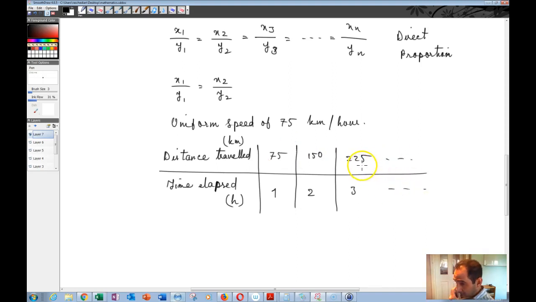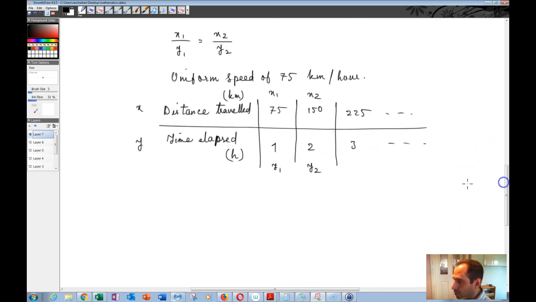Okay, so now in this situation, if I take the distance traveled as x and take the time as y, then this relationship exists between these pairs of data, meaning that then this becomes x1, x2, y1, and y2.